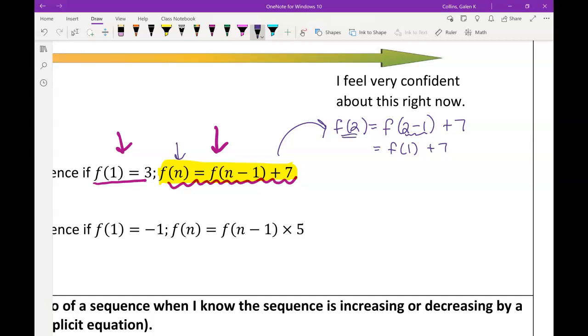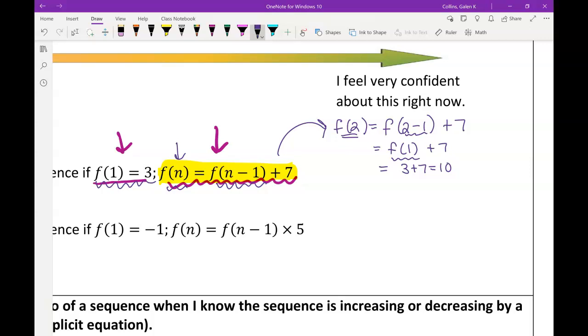I find my second term based on knowledge of my first term, and that's why n minus 1 is always one term less than n. So, okay, since f of 1 was 3, remember we're told that over here, 3 plus 7 equals 10. All right, so that's my second term in the sequence.